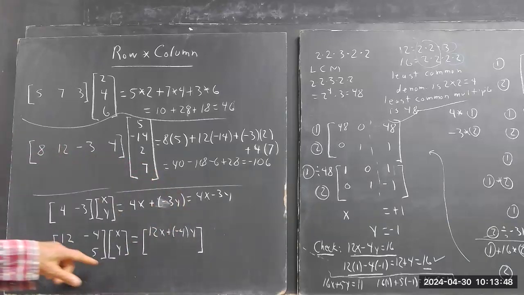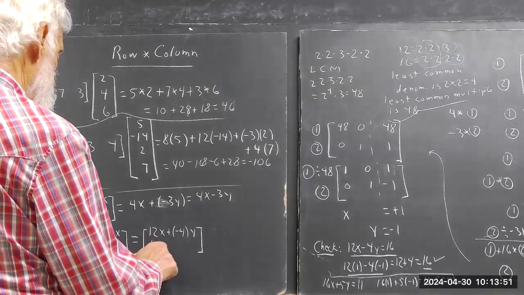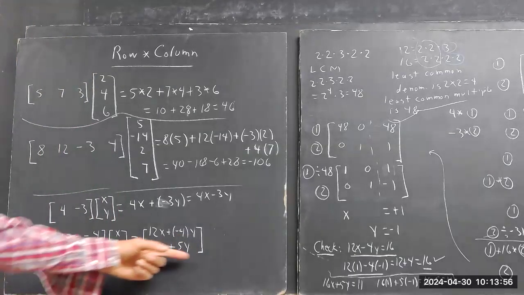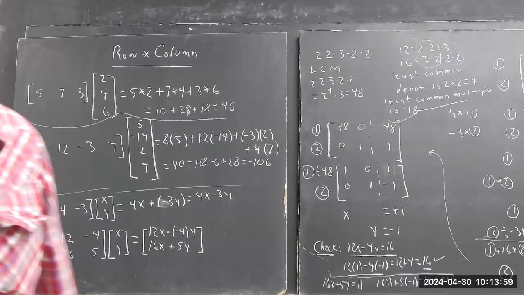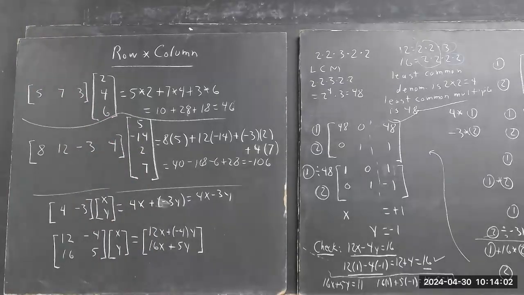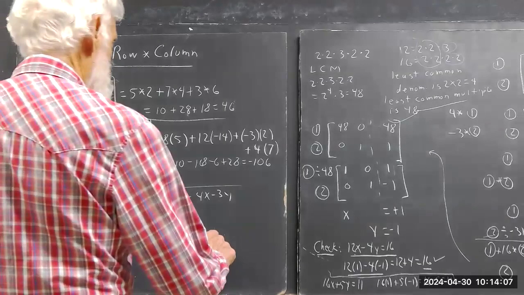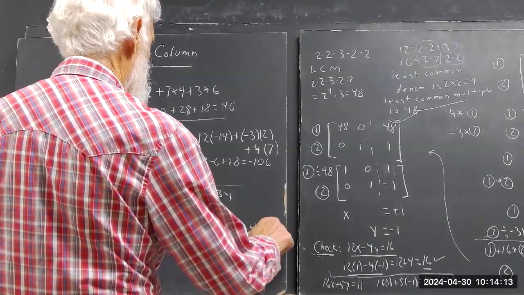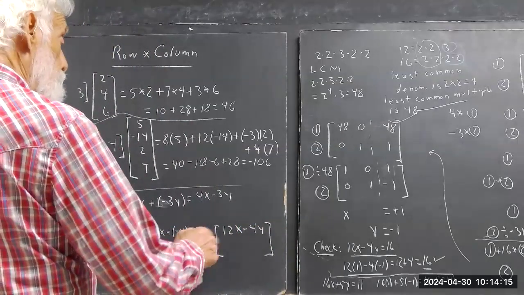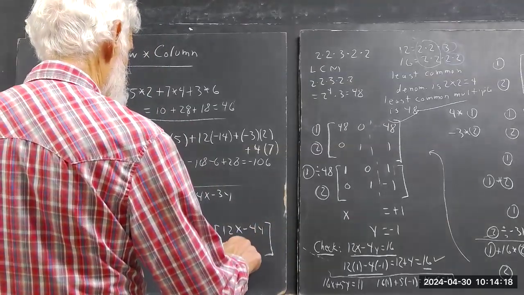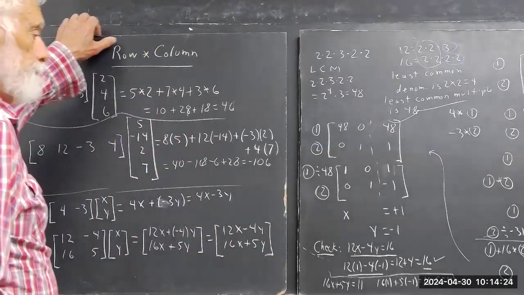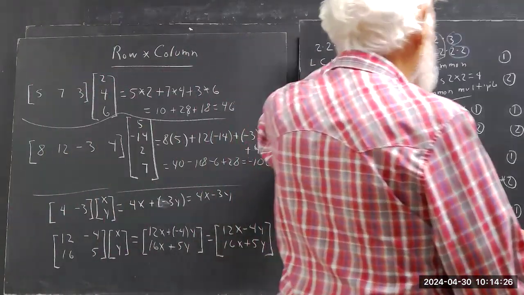Then we have what we get with the second row, which is 16x plus 5y. That came from the second row, so we're going to put it in the second row. And then we write the plus negative 4y just as minus 4y, and 16x plus 5y. Okay. We're doing real well.